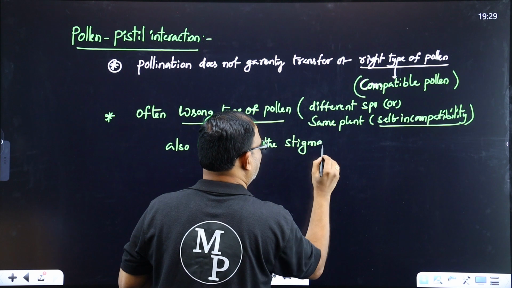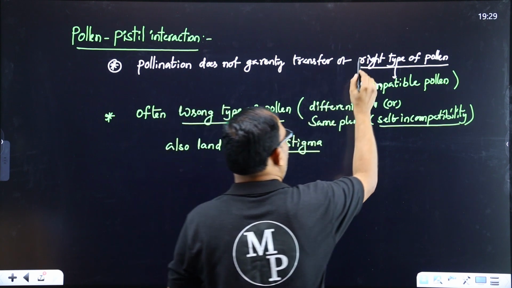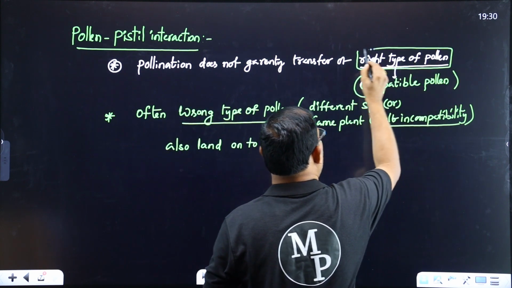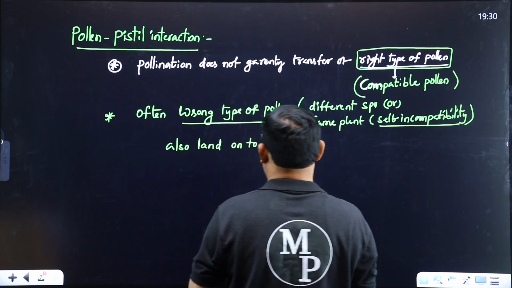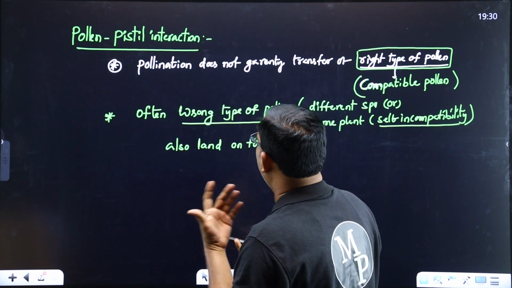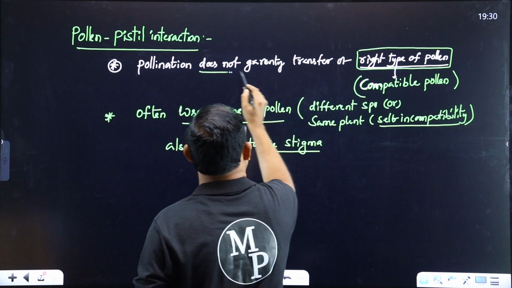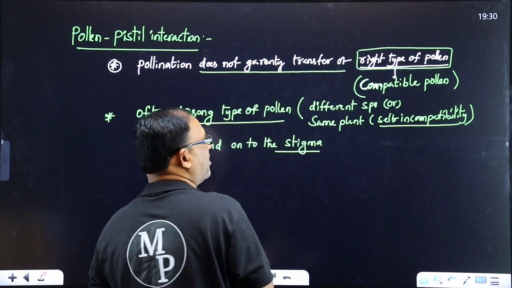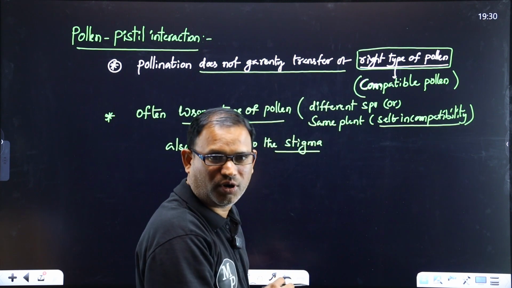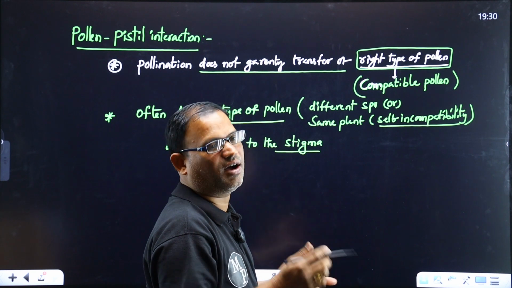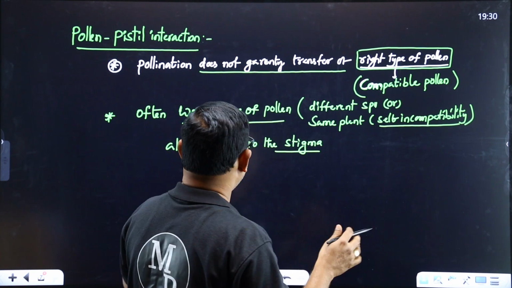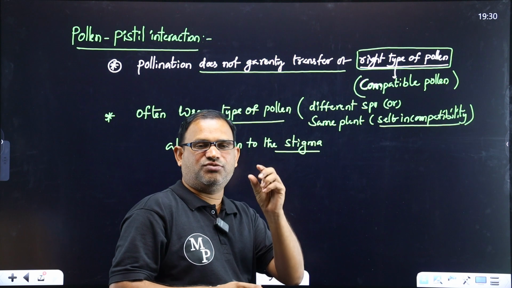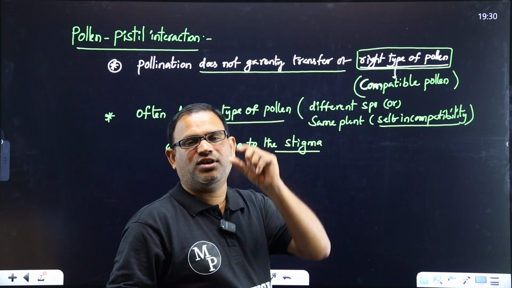Both right type and wrong type of pollen land onto the stigma. That's why pollination does not guarantee the transfer of the right type of pollen. But how to recognize which one is the right type and which is the wrong type?